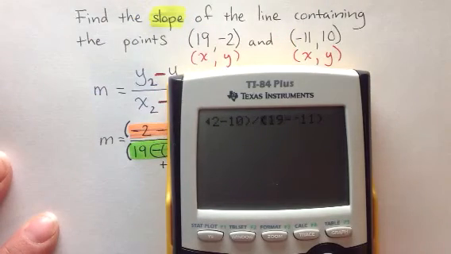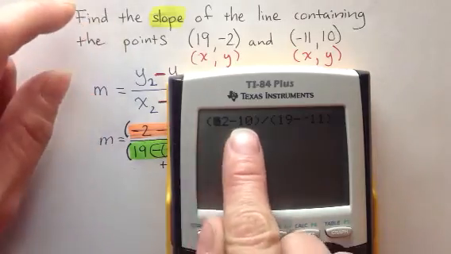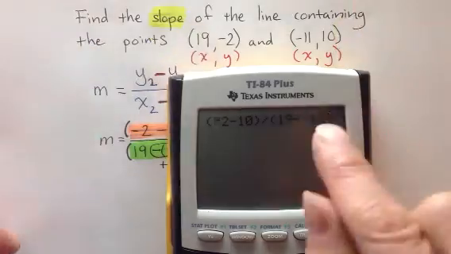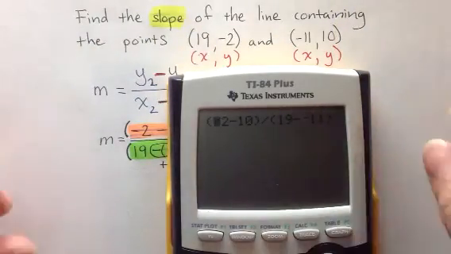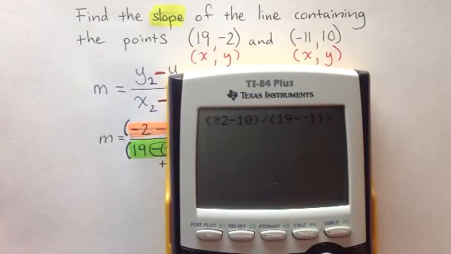If we look back at this whole thing real quick, I've used parentheses around the numerator to tell the calculator that I want it to first subtract the y's, then parentheses in the denominator, because then I want it to subtract the x's, and at the end it's going to divide.